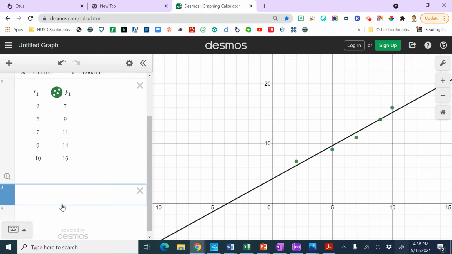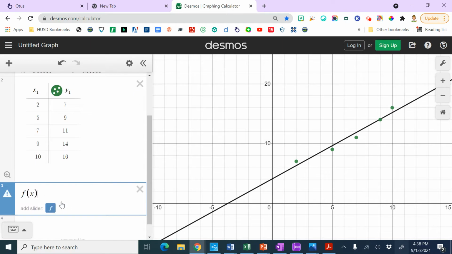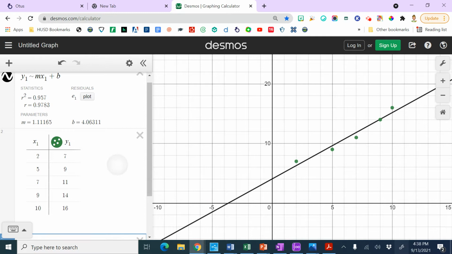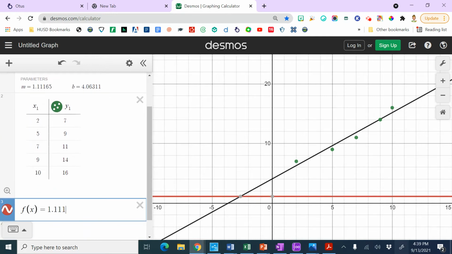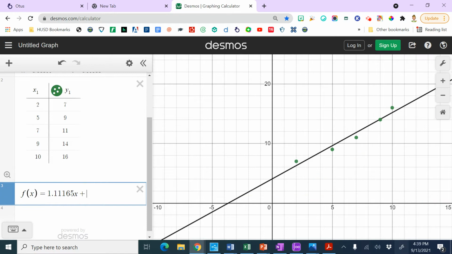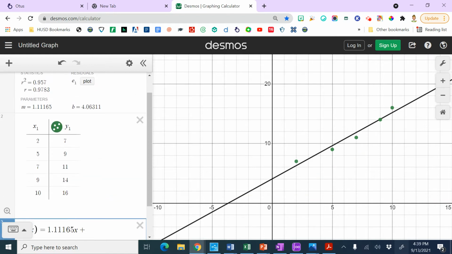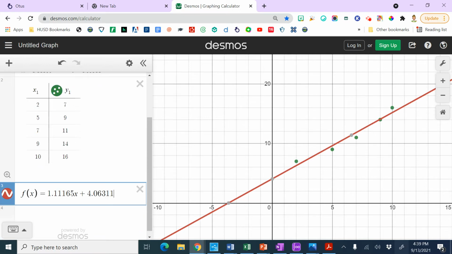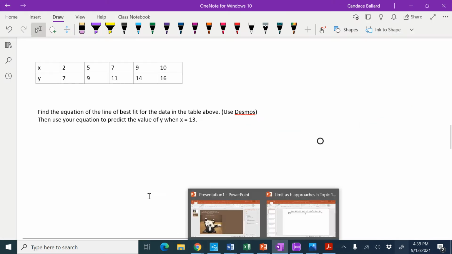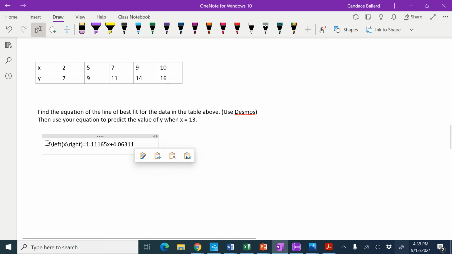So if I were to type in, let's say, f of x equals, and I'm purposely naming it that, 1.11165x plus 4.06311, you'll notice that this red line graphed right over the top of the black line. So that is my equation of my line. That's what I would write down for my equation of my line of best fit.